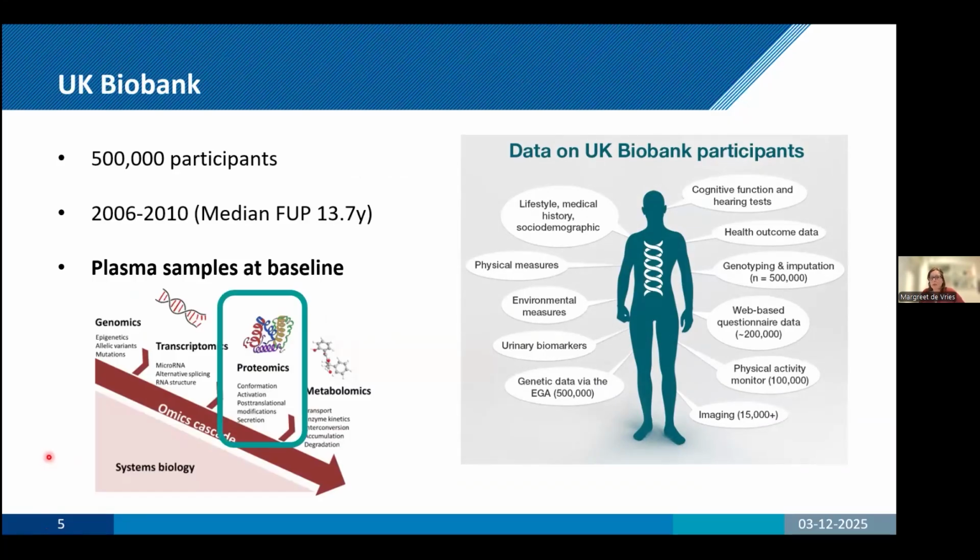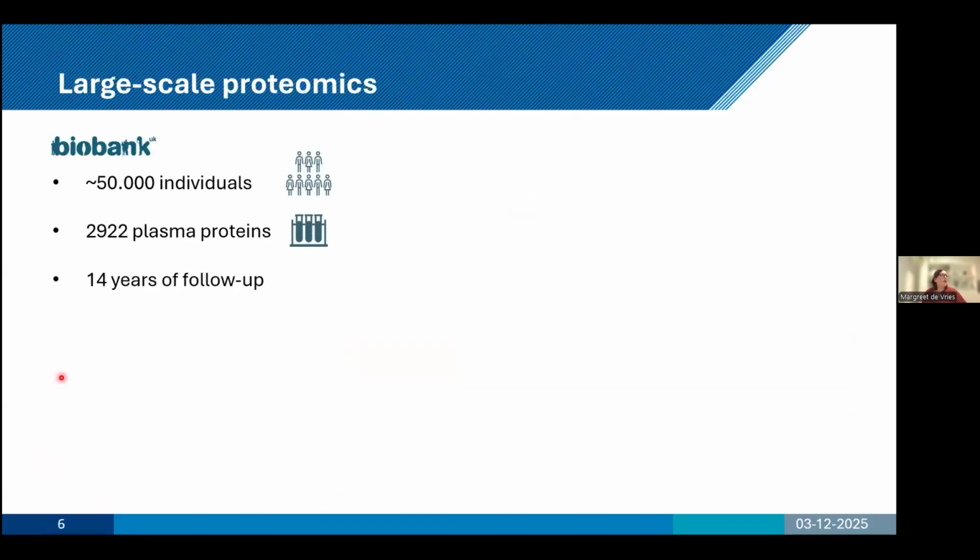On these plasma samples, a lot of omics and systems biology platforms are used, and in our case, we looked at proteomics. So in this UK Biobank cohort, 50,000 individuals were included, and almost 3,000 plasma proteins were analyzed.